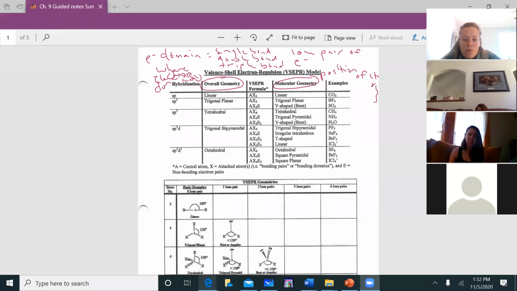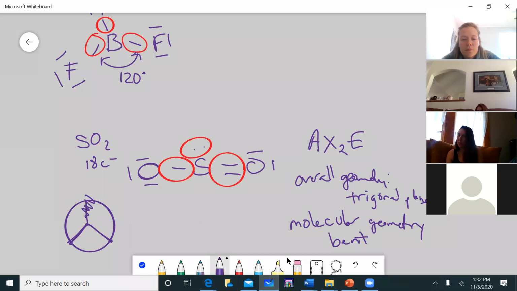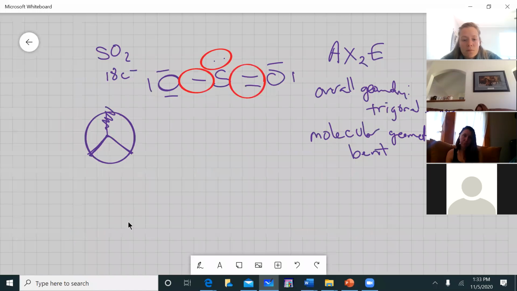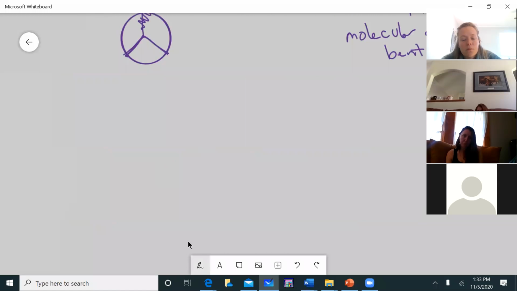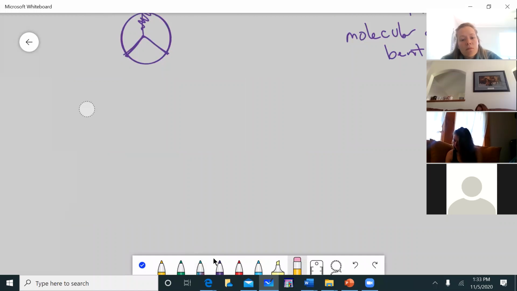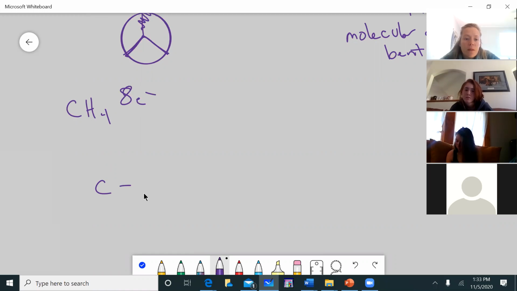We'll do CH4. CH4. This is methane. You have 8 electrons to mess around with. Hydrogen, hydrogen, hydrogen.